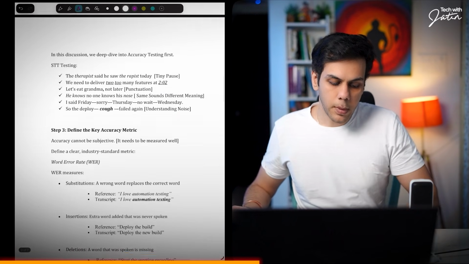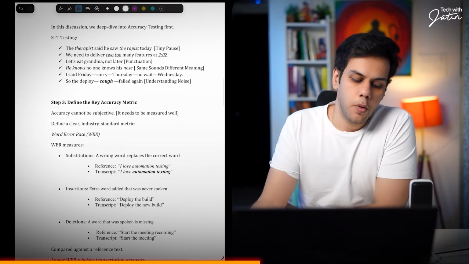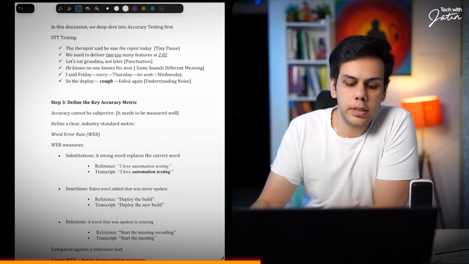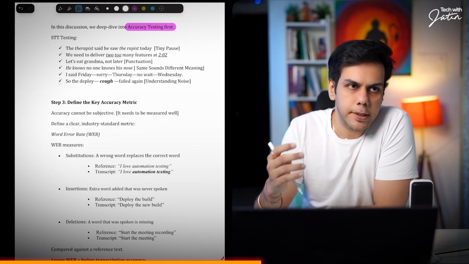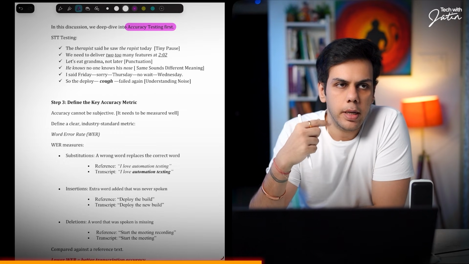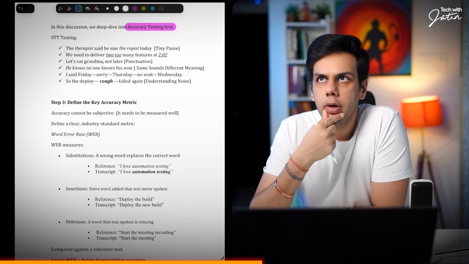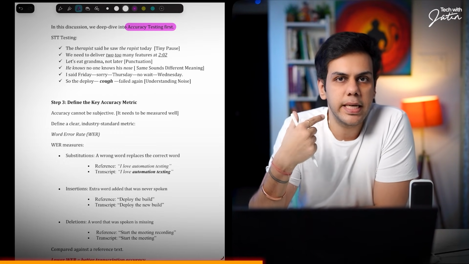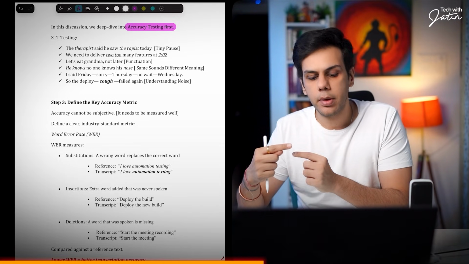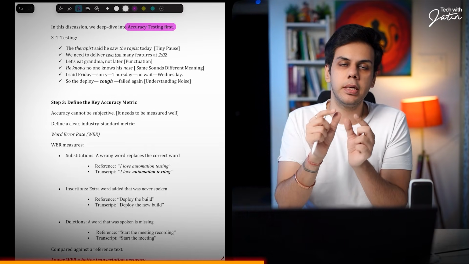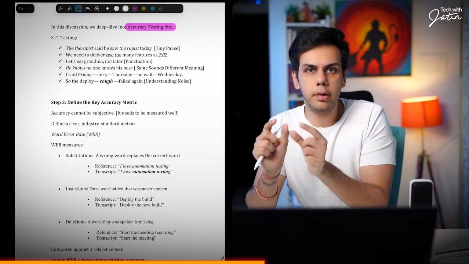So over here, whenever we are trying to focus on accuracy testing, in the STT, whenever a user is going to say something, it needs to understand the intent. Along with that, it needs to understand where those pauses are coming.